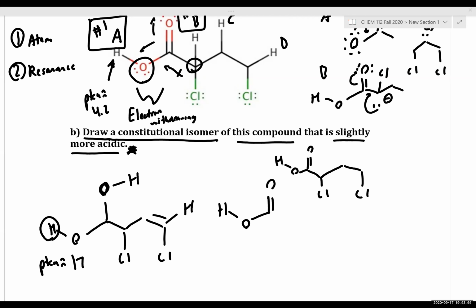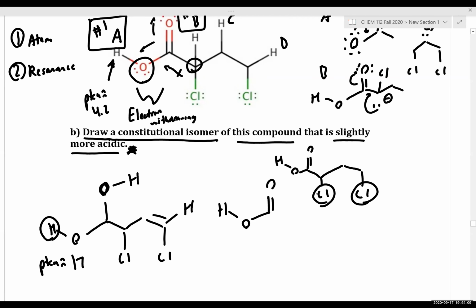For an aromatic, we don't have enough double bonds in our original structure to draw a constitutional isomer that's aromatic. But that's a good idea. Introducing an aryl ring would stabilize our anion. But let's focus more on these chlorines here.